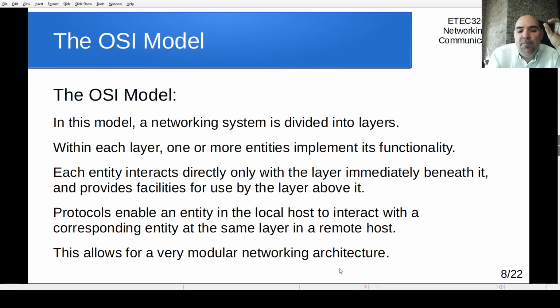So notice in that particular model, the entity on one machine, one host, is going to interact with the same level on the other end. In other words, web browser goes to web server. But then if we go down a layer and think about HTTP, the HTTP encoding that web page is going to act to the HTTP decoder on the web browser.